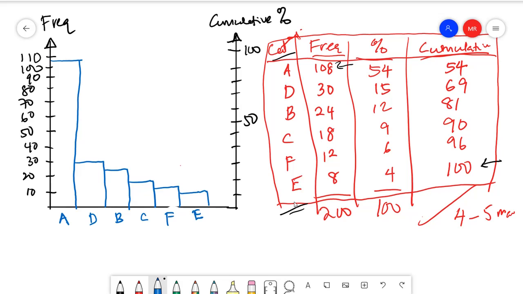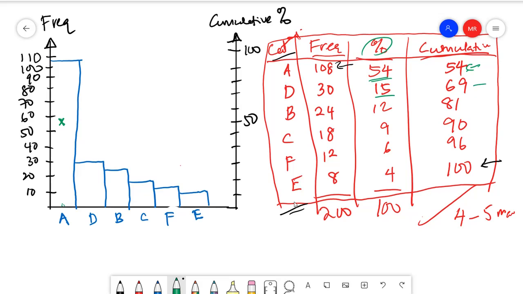Then on the cumulative side, A is 54%, so we need to refer to this side of the scale, the cumulative axis. 54 is somewhere here, so we put a mark at the middle of the frequency bar.